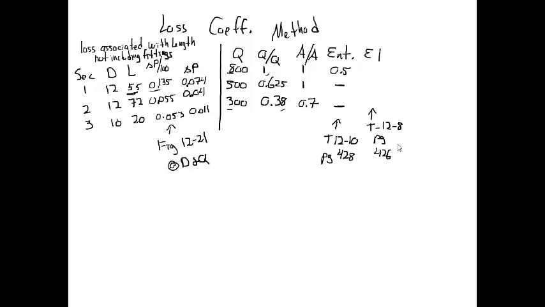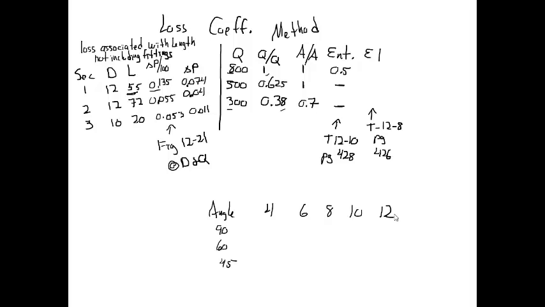The elbows are listed with the angle all the way to the left. There are three angles listed: 90-degree elbow, 60-degree elbow, and 45-degree elbow. And then there are different columns for different diameters: 4-inch diameter duct, 6-inch, 8-inch, and so forth, 10 and 12.